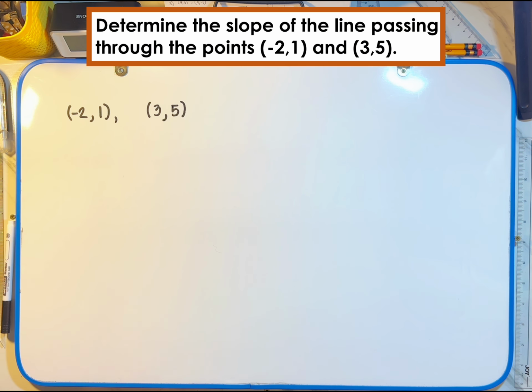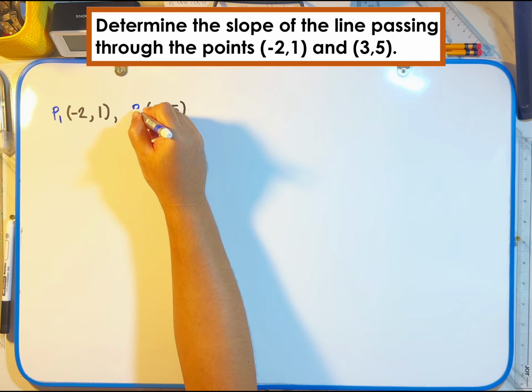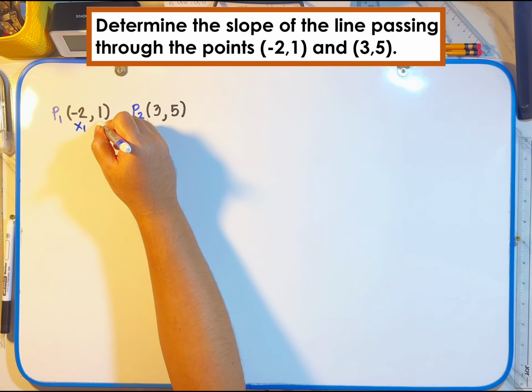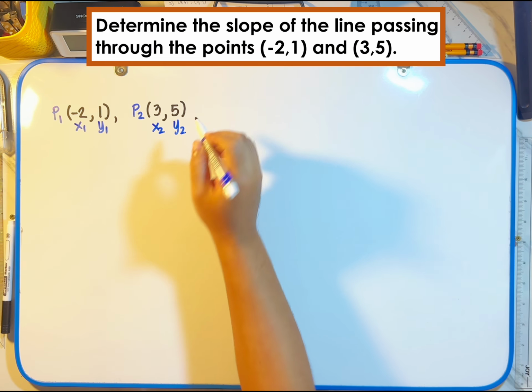And what's the first step? Okay, to avoid confusion, let us put a label on these points. So let's say this is point 1 and this is point 2. If this is point 1, it means this is x1, y1, while this is x2, y2.